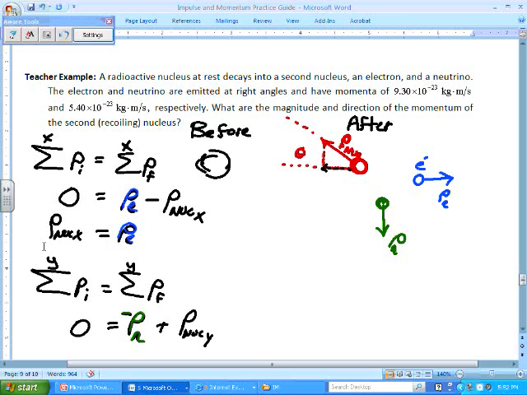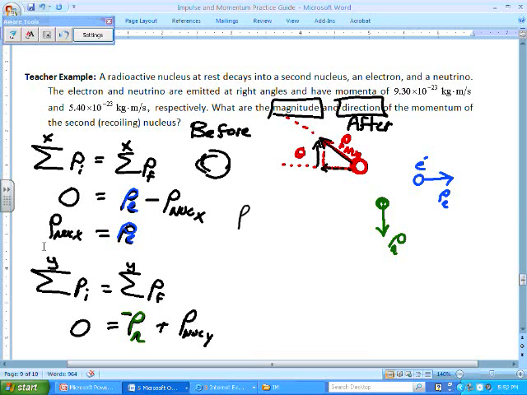Alright, so in our diagram, we want to know the magnitude and direction of the momentum of the remaining nuclei. So let's find that out. We can use this right triangle constructed by the x and the y components of the momenta of the remaining nucleus to get the magnitude.